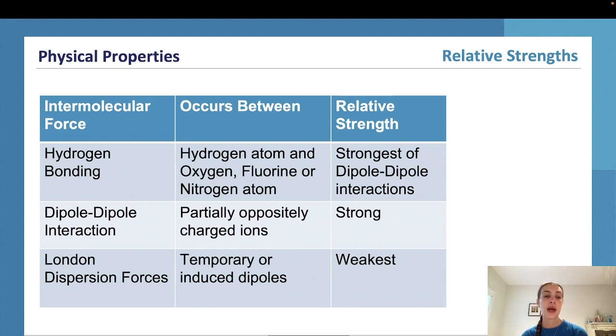Then we've got our standard dipole-dipole interactions, which occur between partially oppositely charged ions, meaning atoms with a substantial electronegativity difference, and their strength is reasonably strong, but not as strong as hydrogen bonding. And then our final one is the dispersion forces, which occur when there's a temporary or induced dipole, and they have a fairly weak strength. Their strength does increase with larger molecules due to there being more electrons, but they will always be the weakest intermolecular force.